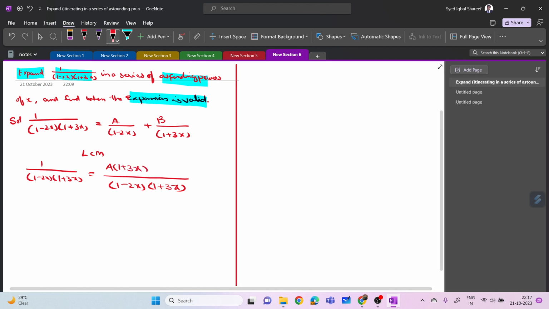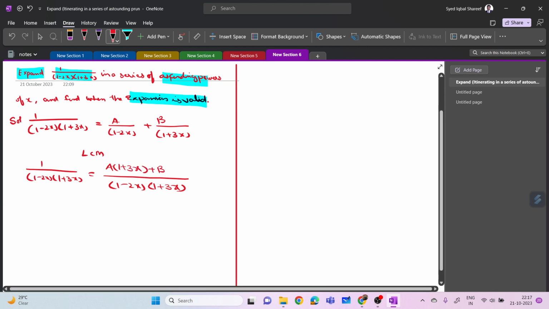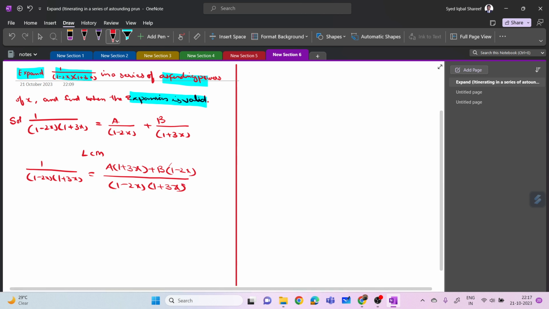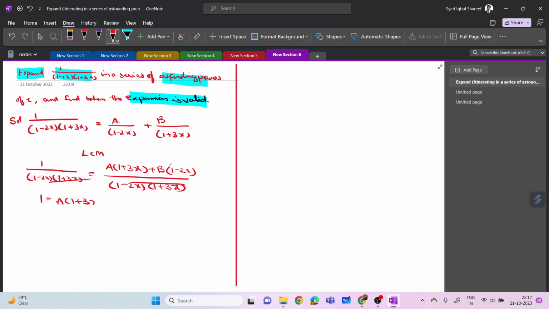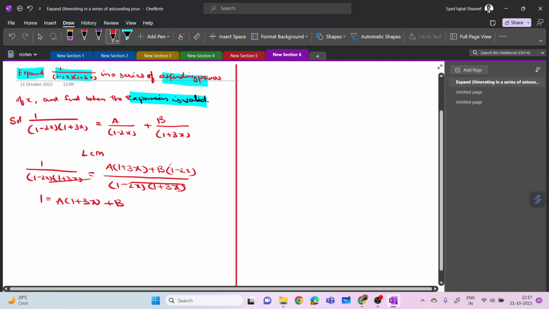The denominators are the same, so they cancel, and we are left with 1 equal to a(1 plus 3x) plus b(1 minus 2x).